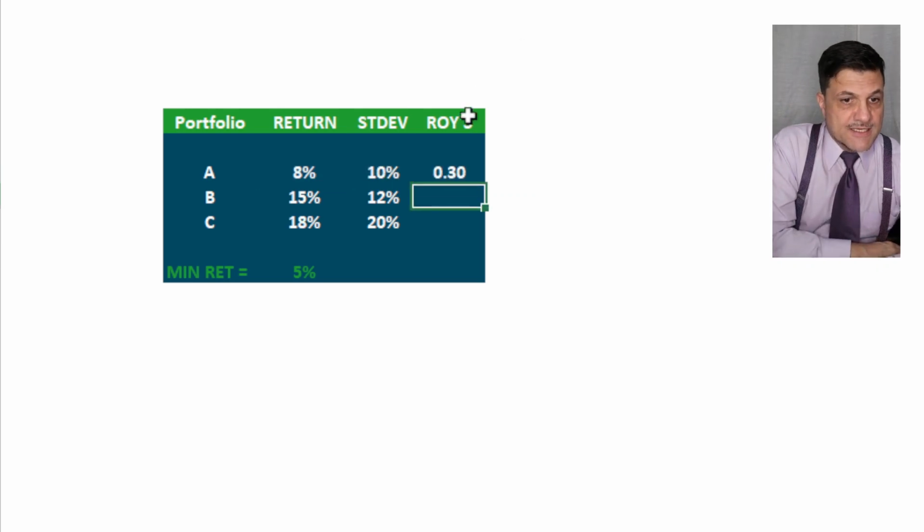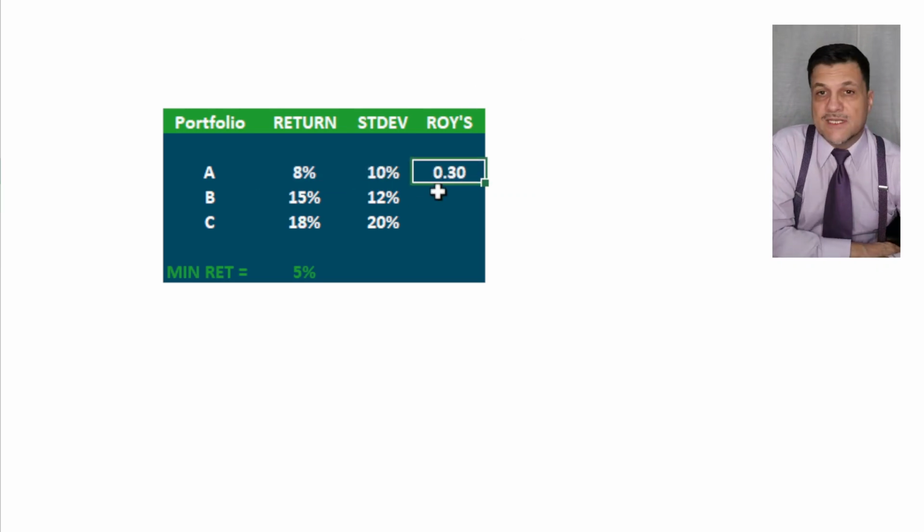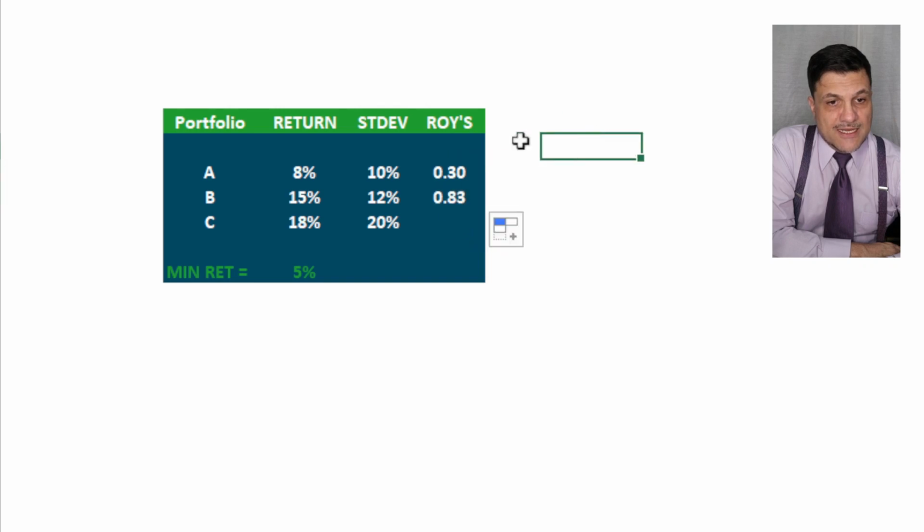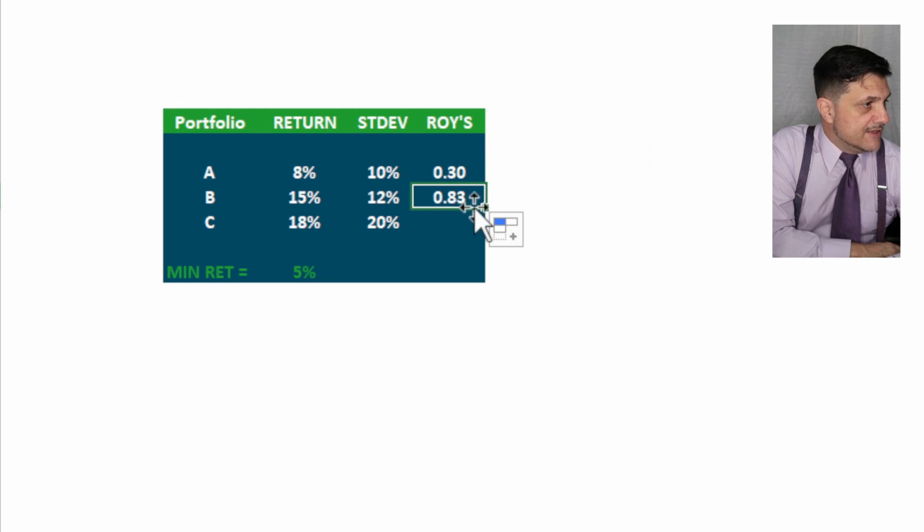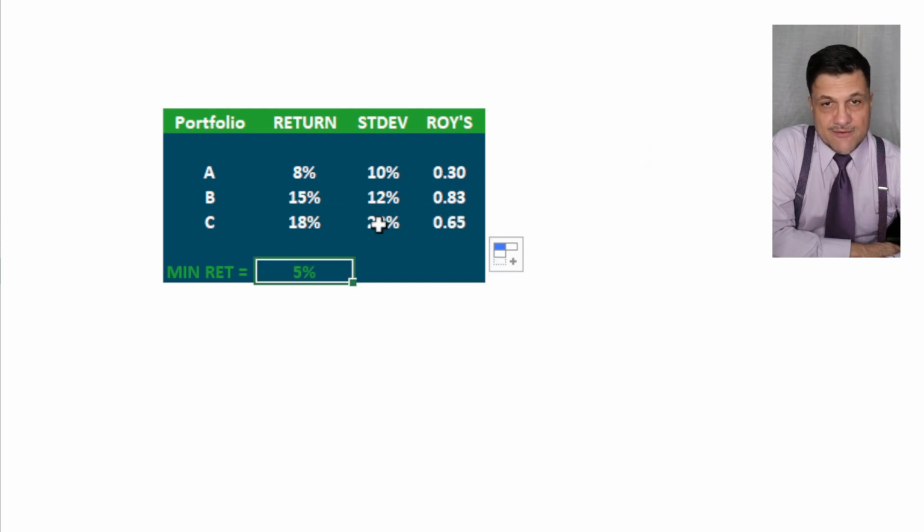And I got 0.3. That's what I got, right? So 8 minus 5 divided by 10. The next one, I did the same calculation, 15 minus 5 divided by 12. And the last one, I did 18 minus 5 divided by 20.